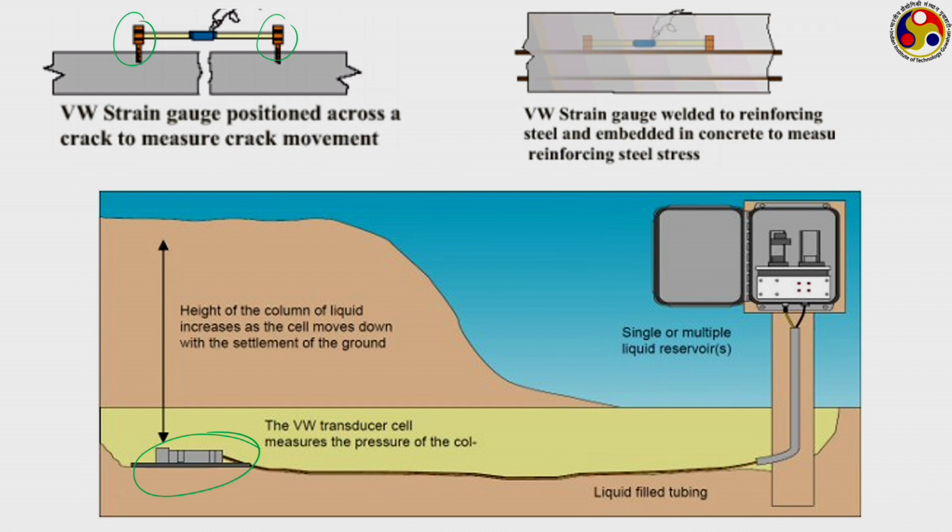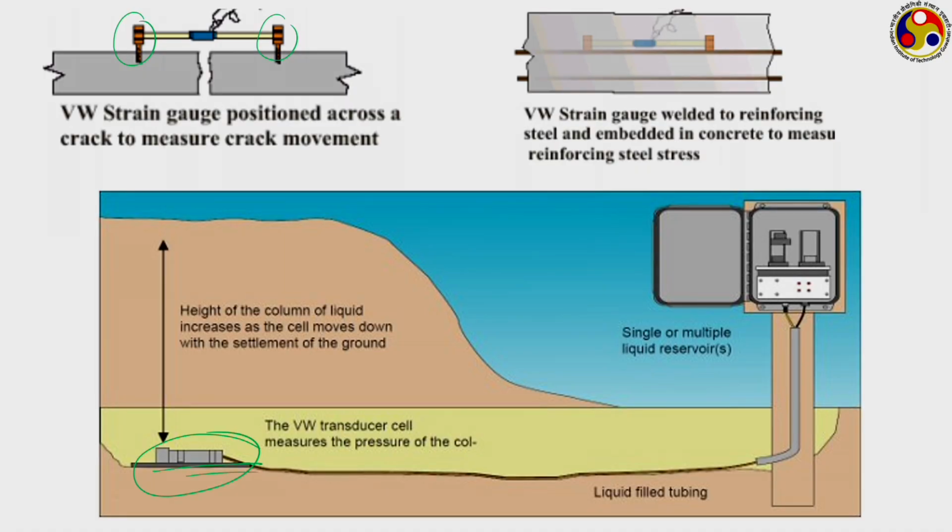Now, if there is a change in the height of this liquid column, the corresponding force acting on the transducer will also change, and from this corresponding response we can get both ideas: whether there is any change in the water level, or if the water level is the same, then whether there is a change in the position of the earth crust, that also we can measure from this. So, these are certain quite interesting examples of the application of vibrating wire transducers.